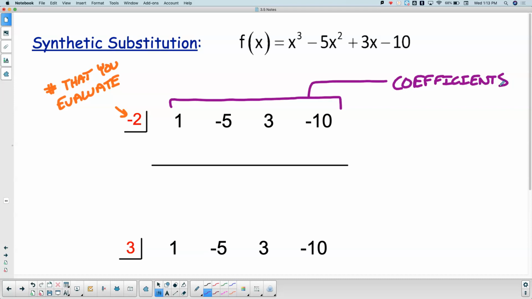Even more than that. I'll give you a hint. F of x is in standard form. Oh, equals. Nope. Standard form of a polynomial. Don't know? Look in your notes.